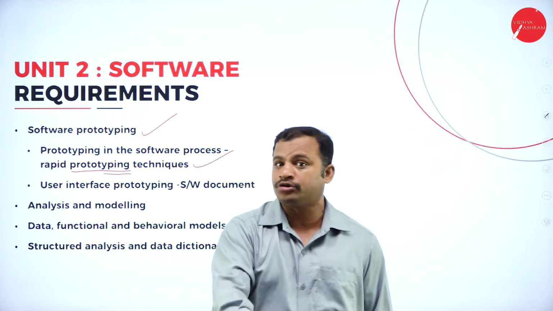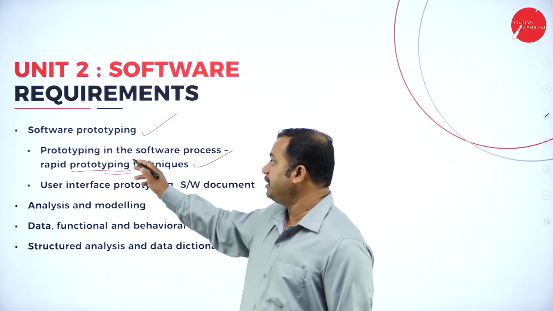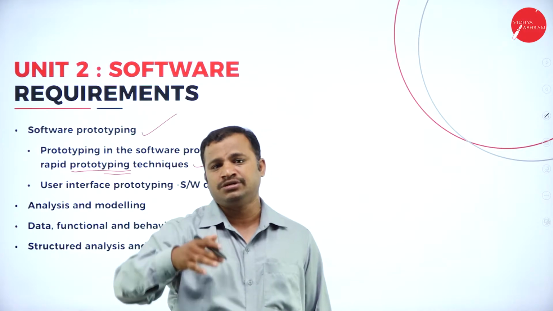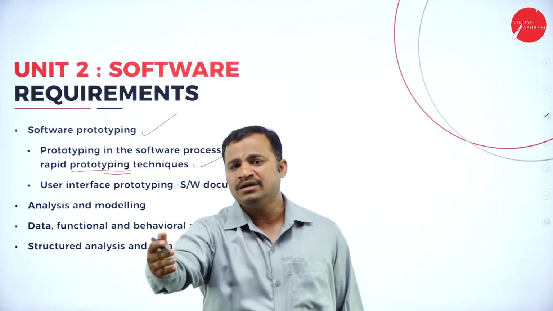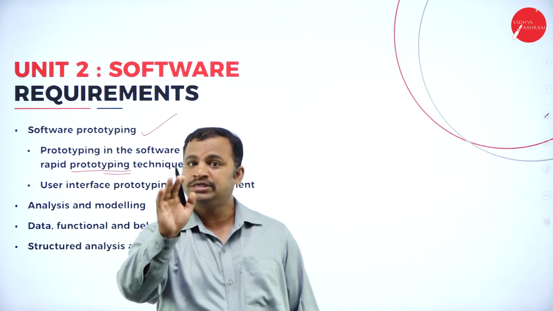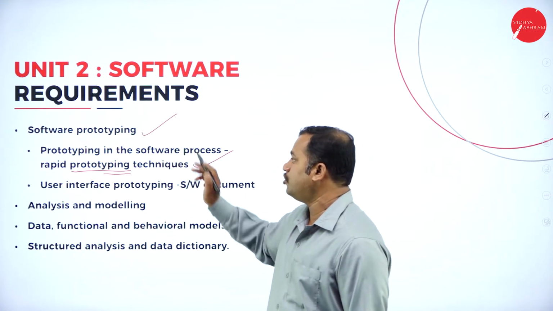That is called a prototype. That is, the rapid prototyping technique is followed. Immediately when a customer comes to the developer, he delivers the prototyping model, which simulates the actual model. That is called the rapid prototyping technique.